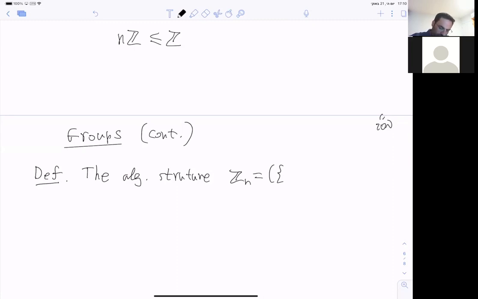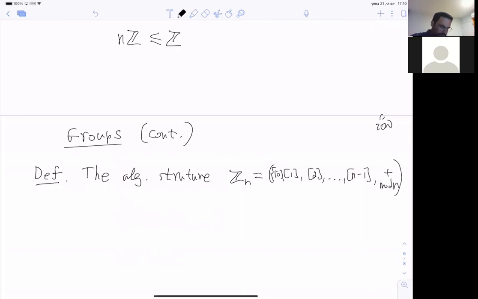We have this class and this class; I'm going to explain, but first we have to write it. Of course, we have also the zero class. So 0, 1, 2, and we finish by n-1. This is with respect to plus modulo n.